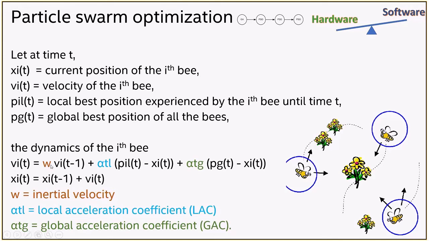There would be an inertial velocity, nothing but a damping function, and there would be a local acceleration and a global acceleration. The next step would be based on the previous step and the velocity it has to go, based on these coefficients. The coefficients will vary, will get mutated, until it finds an optimal position.